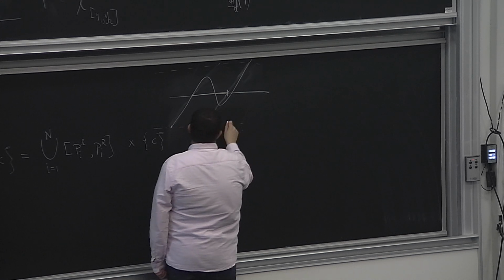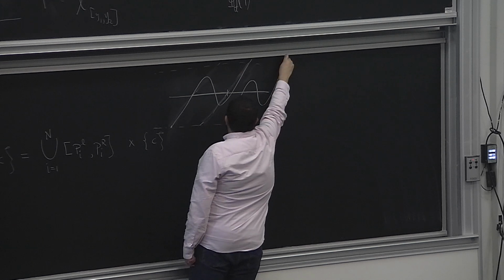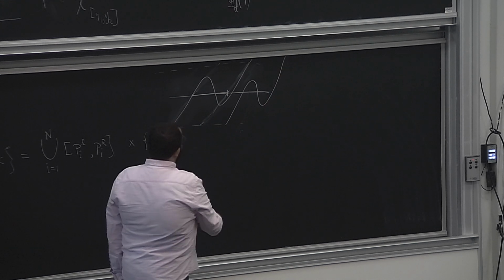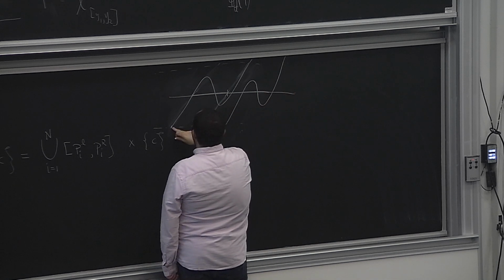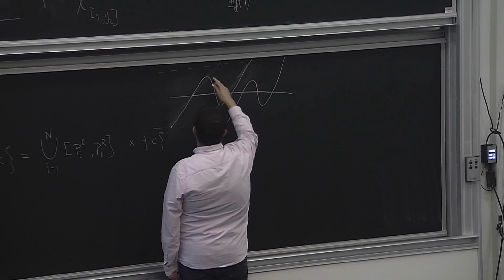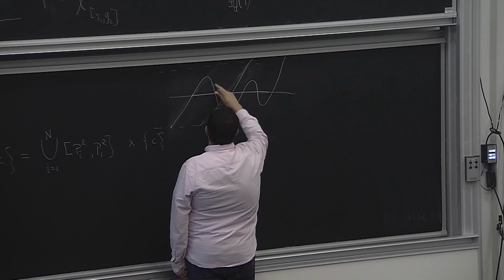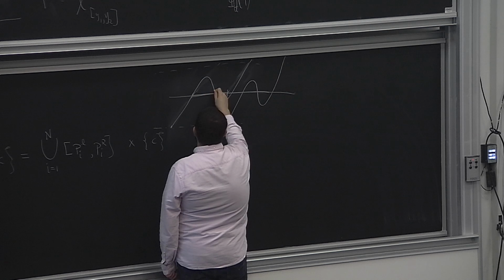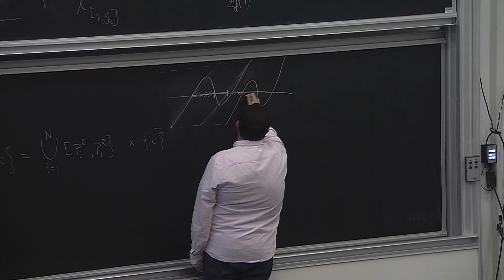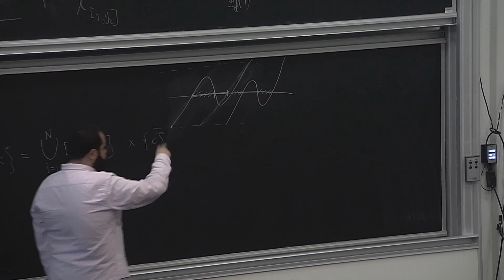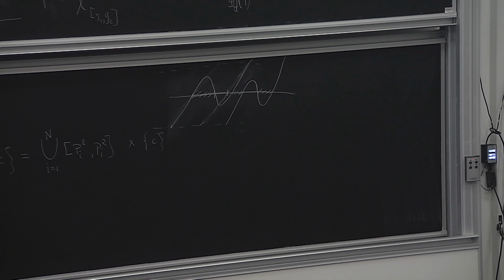So you can't go up and then down; you have to go up, down, and then up always. So then you have 3 intervals. And this is the case no matter how many times you wiggle up and down. Does that make sense? So you can always assume n is odd. It's just a continuity property. That's the first thing.